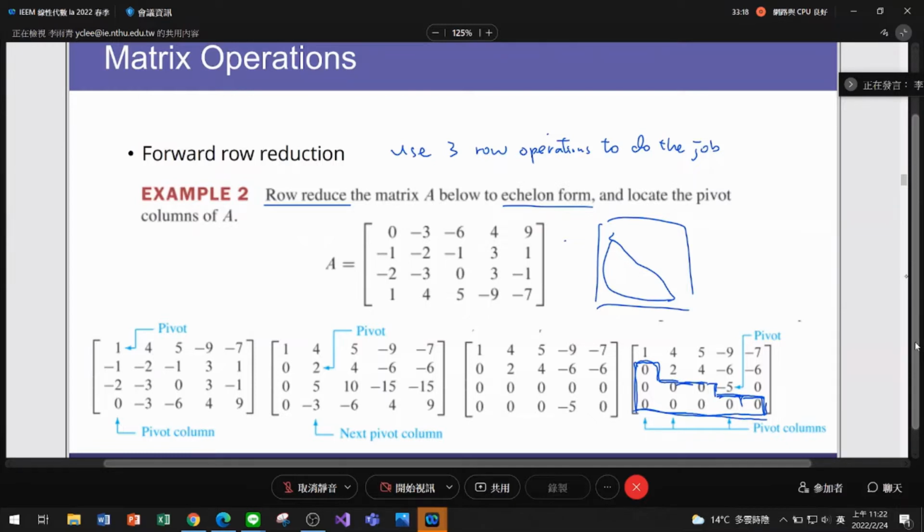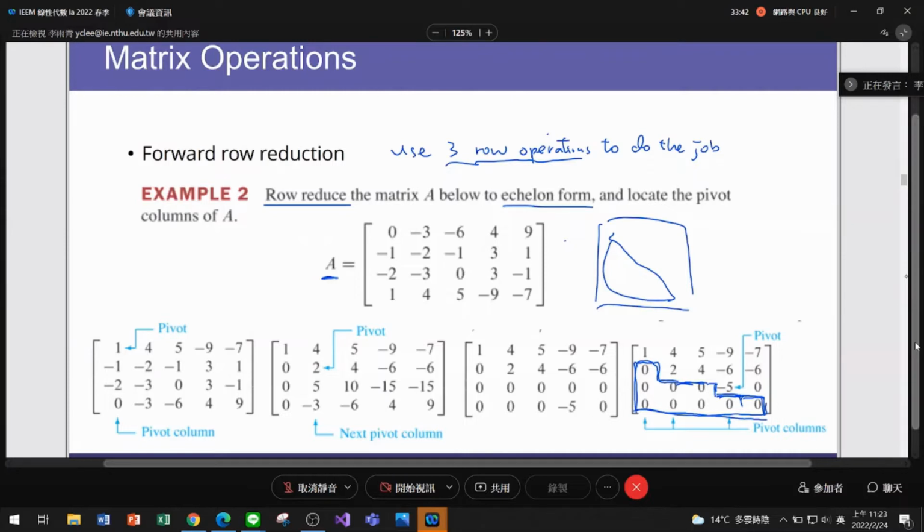Okay, so this is the original A. Then we're going to perform several steps to eventually reach an echelon form. And in the process, we can only use one of the three operations: replacement, scaling, and interchange. Everything other than that is not acceptable.